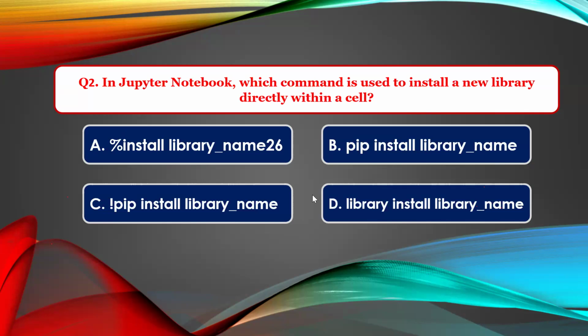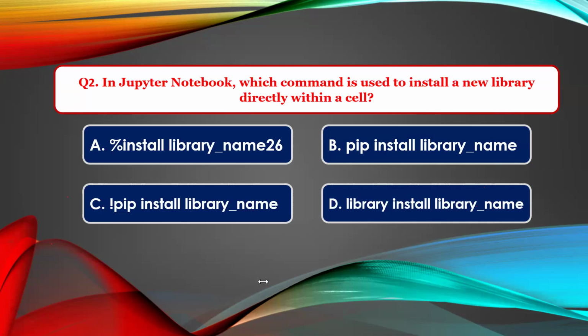Mitresh says B, Gopal says B, and Mona Lisa says C. Yeah, that's right. You can use B or C, both are officially approved.